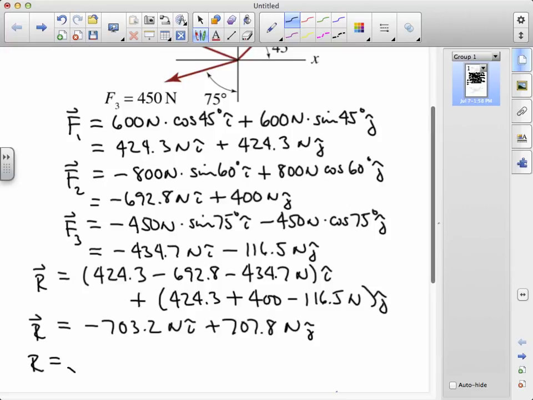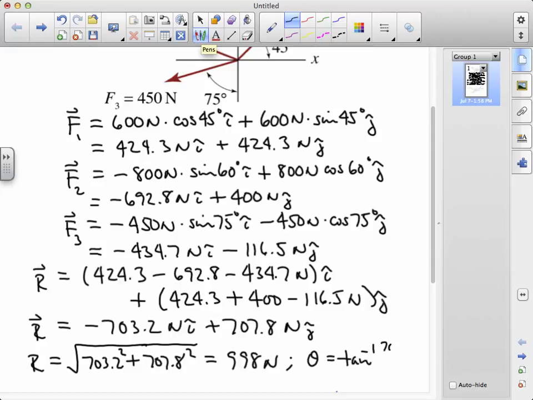The magnitude is just the square root of the sum of the squares of those components, and that turns out to be equal to 998 newtons. The angle that this makes with the x-axis is the arctangent of the y over x components, and we can see that this ratio is just about equal to -1.